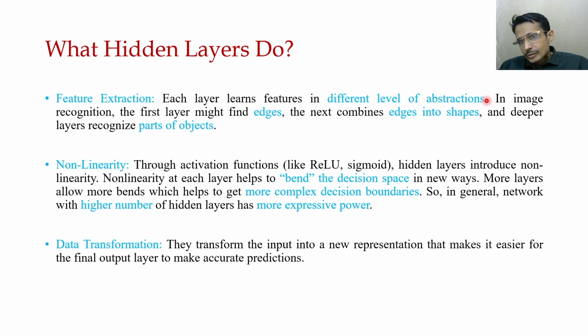So the more we go from input to output, the more abstract representation of the data we can model. As in the example of image recognition, the first layer might find edges, the next combines edges into shapes, and deeper layers find parts of objects. So this is hierarchical feature extraction, which is the first role of hidden layers.